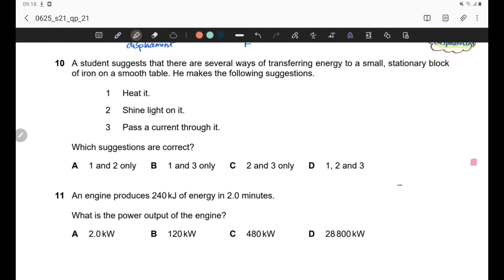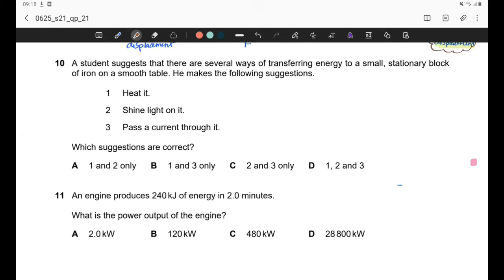Question 10. A student suggests that there are several ways of transferring energy to a small stationary block of iron on a smooth table. He makes the following suggestions. Heat it, shine light on it, pass a current through it. Which suggestions are correct?